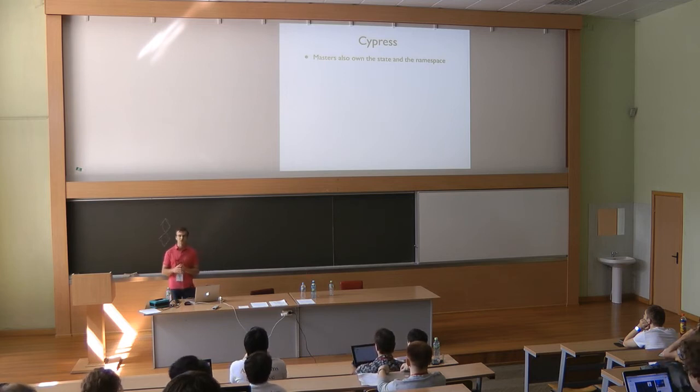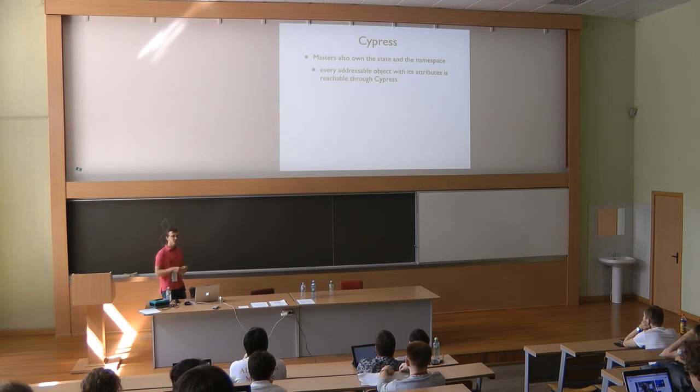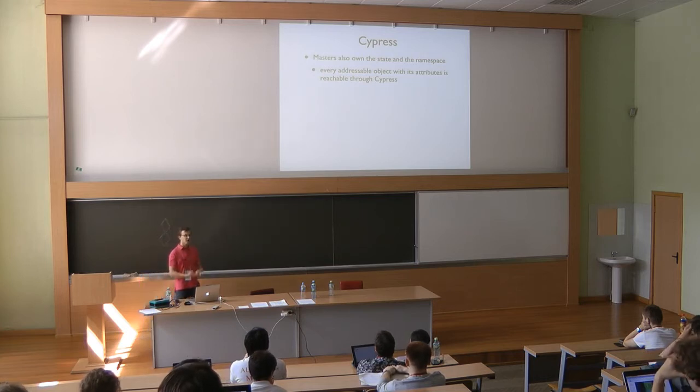And actually, there are some great properties of this thing. Namely, every addressable object in the system can be reached via Cypress. And this is quite valuable, especially for the developers, because at every moment you can look within the system to understand what's going on, to query for the properties of particular objects like chunks or whatever.